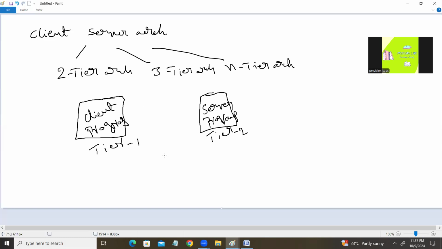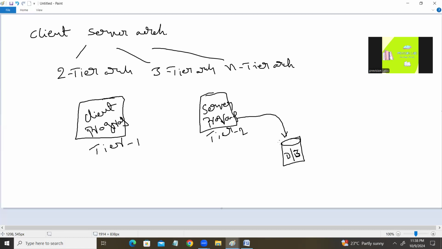And what about the three-tier architecture? In the two-tier architecture, we have a set of client-side programs and a set of server-side programs. The three-tier architecture has, along with these client-side and server-side programs, database software also. This is the data store.